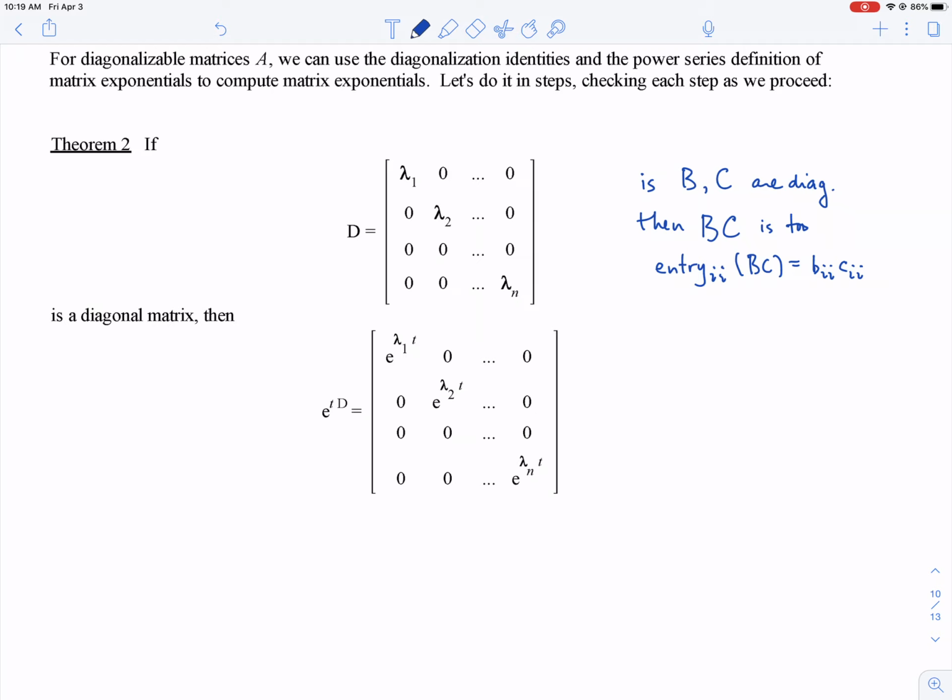So if we take powers like D to the n, I'll just get the diagonal matrix where the diagonal entries, let's say k, are just the powers of the diagonal entries of the original diagonal matrix.